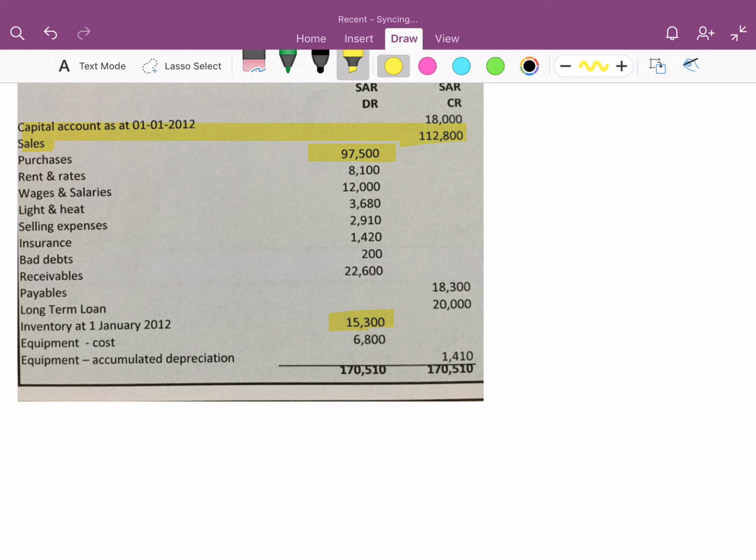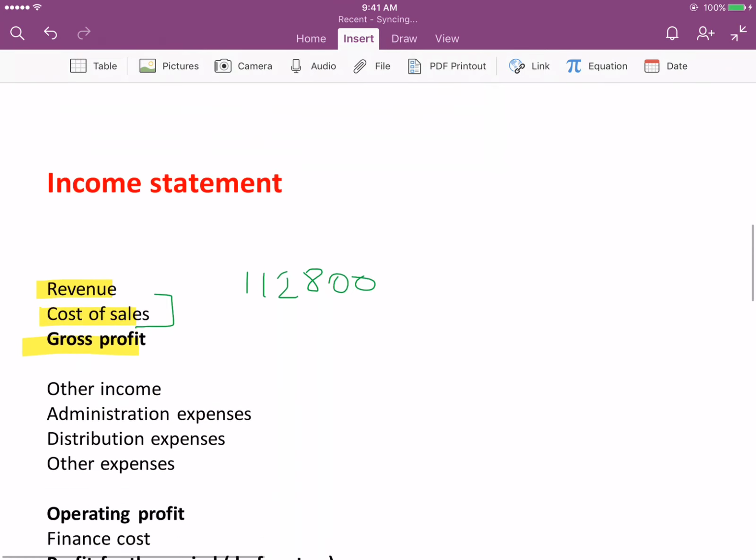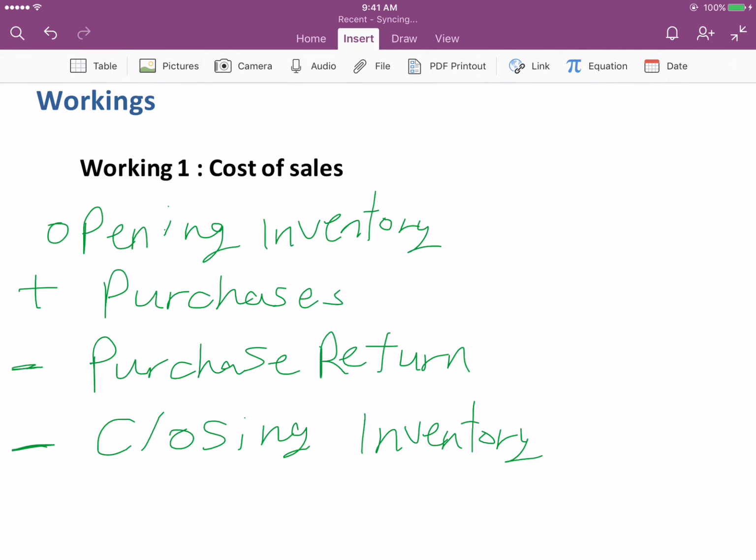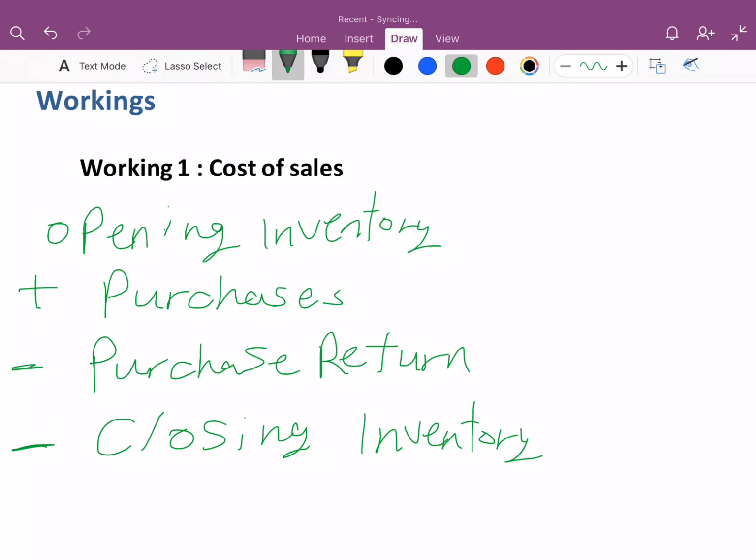And we want the closing inventory, but we don't have that information. So we're only going to write what we know.